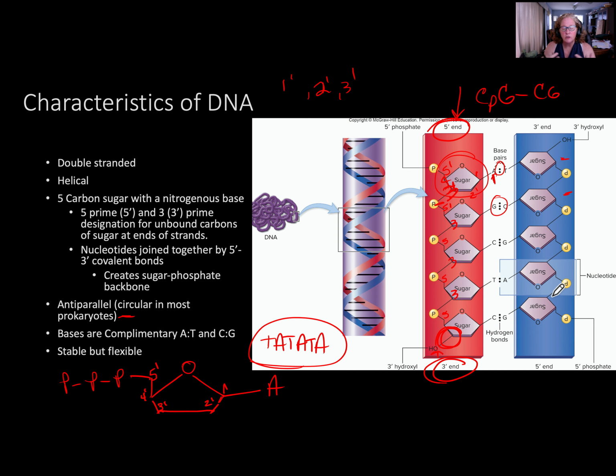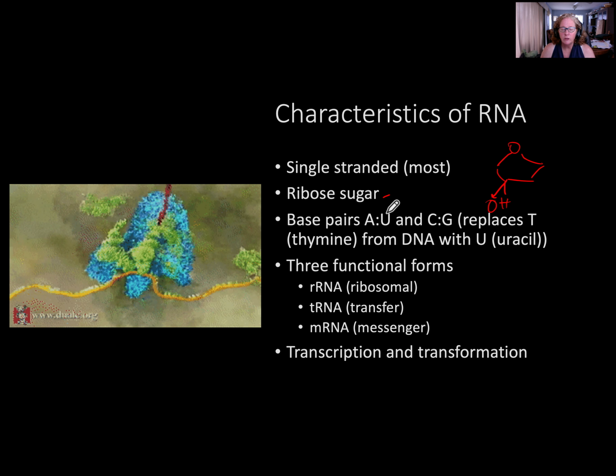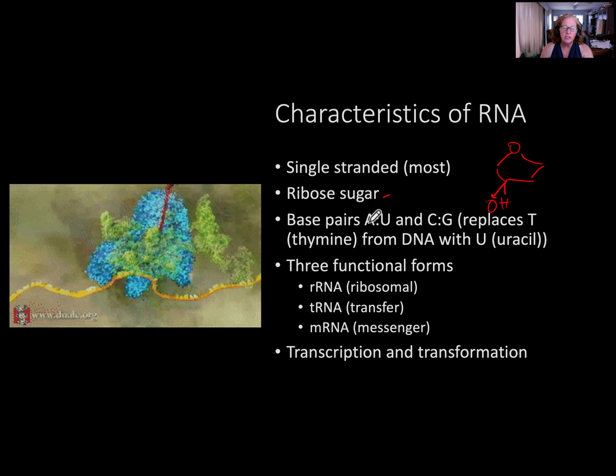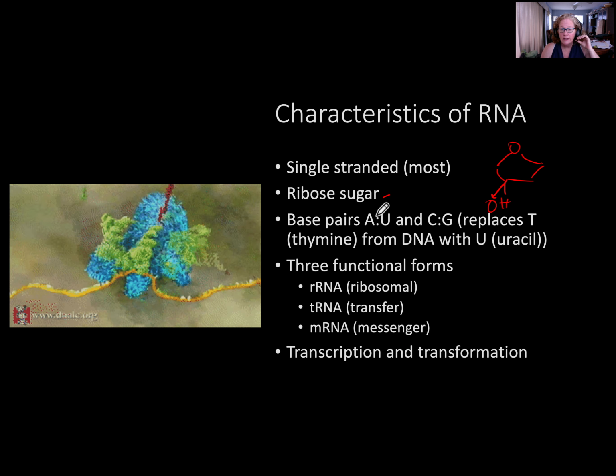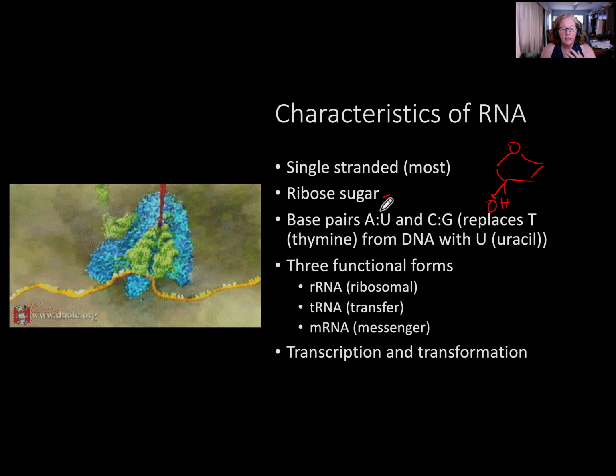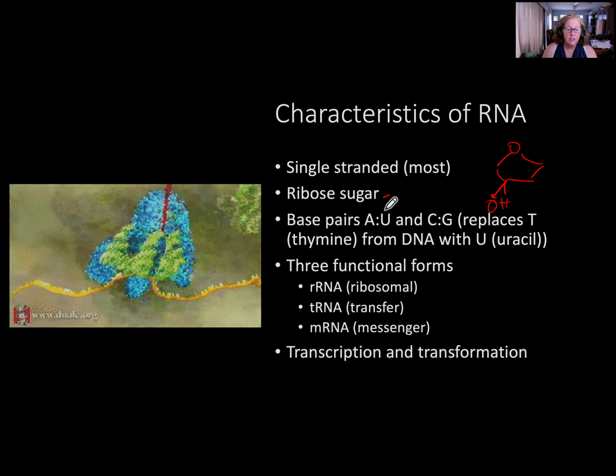So instead of the hydrogen being bound there, it's bound to the oxygen here, and it's a hydroxyl. In the base pairing of RNA, we have A binding to U, and we have C binding to G. So it uses the same nucleotides, it just replaces thymine with U. So if you see a genetic sequence and it has a bunch of U's in it, that simply means that it is RNA instead of DNA.